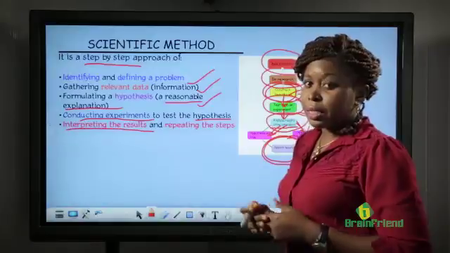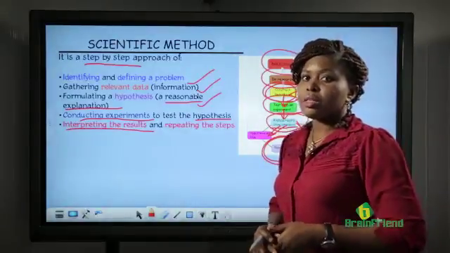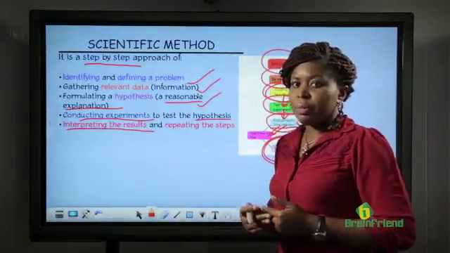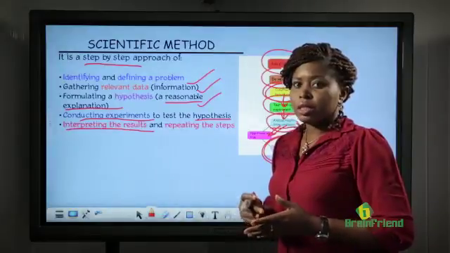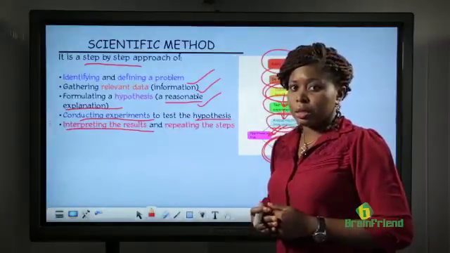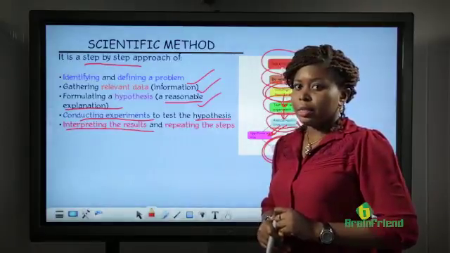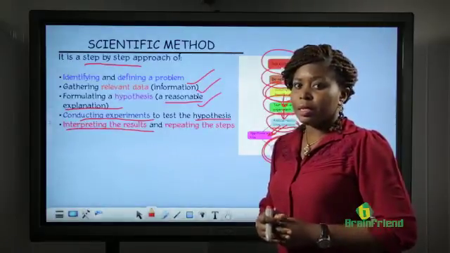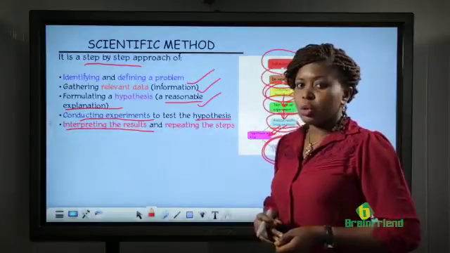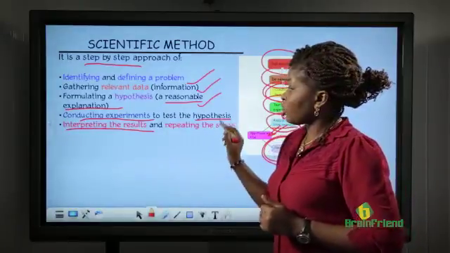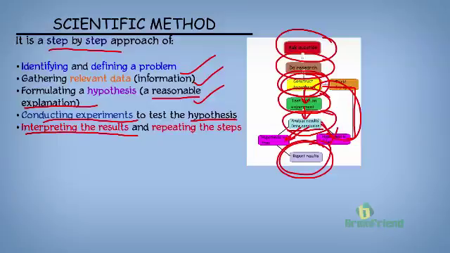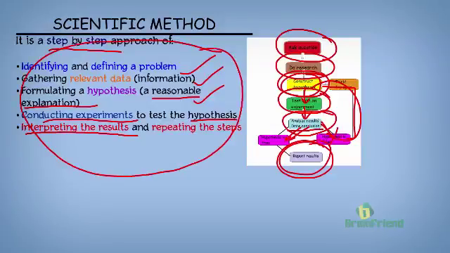As many times as the hypothesis proves wrong, he has to keep experimenting until the right result is gotten, and at that time you can say that a solution has been gotten, and then that hypothesis can now be called a theory. So this method is used by scientists to proffer solutions.